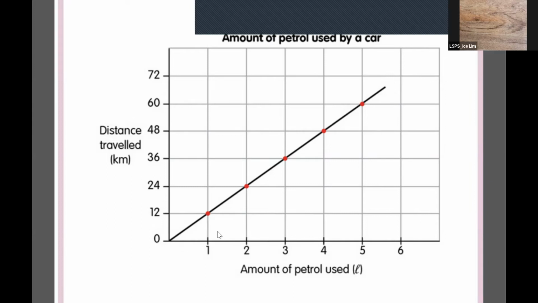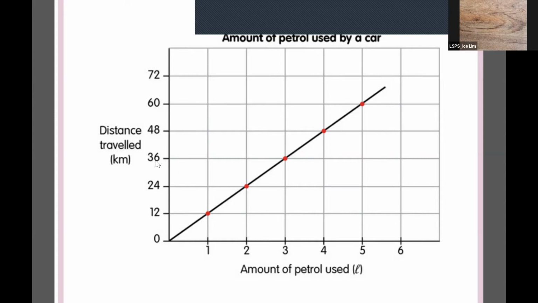You see that? A pattern? It's always 1 liter, 12 kilometers. Another 1 liter, another 12 kilometers. Can you see that pattern? Another 1 liter, another 12 kilometers.